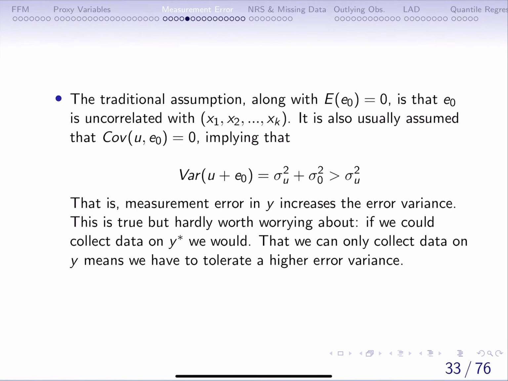Now, along with the traditional assumption, we also know that the expected value of E naught should be 0.